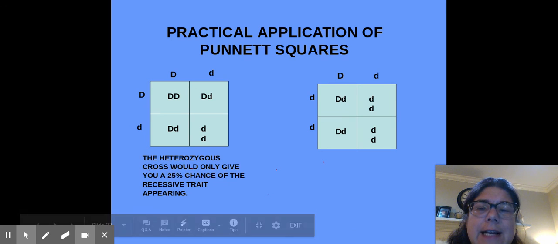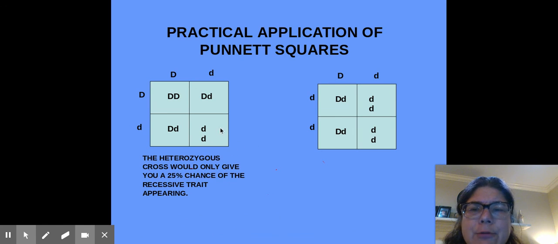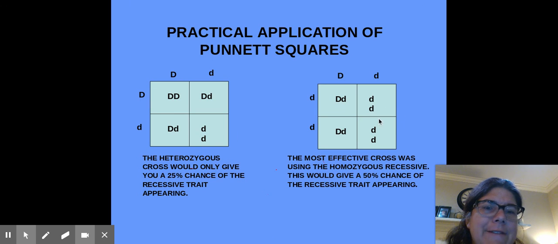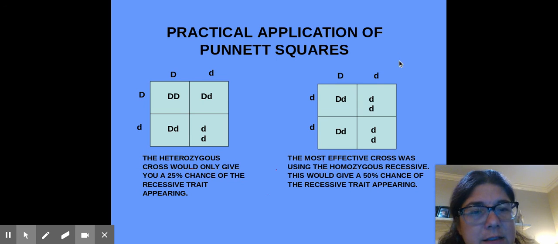And so the heterozygous cross would only give you a 20% chance of the recessive trait appearing. The most effective cross using the homozygous recessive. Recessive, I did not tell you, recessive is the opposite of dominant. The recessive is the one that does not show unless both alleles are recessive.